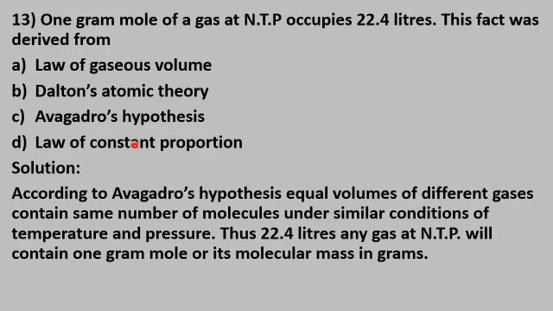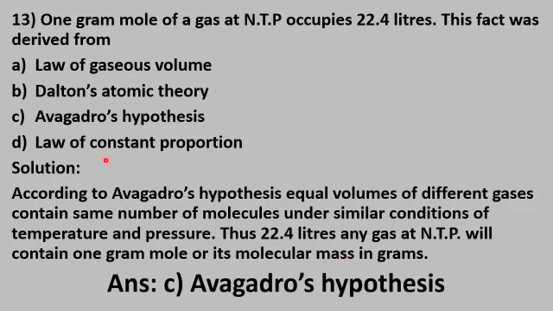So solution is, according to Avogadro's hypothesis, equal volumes of different gases contain the same number of molecules under similar conditions of temperature and pressure. Therefore, 22.4 liters of any gas at normal temperature and pressure will contain 1 gram mole, or its molecular mass in grams. So, therefore, this fact was derived from Avogadro's hypothesis. Option C.